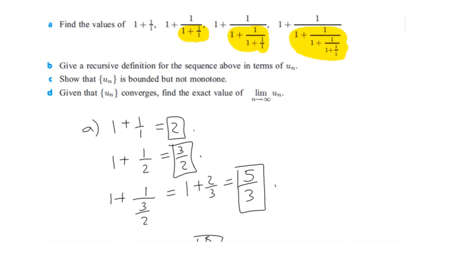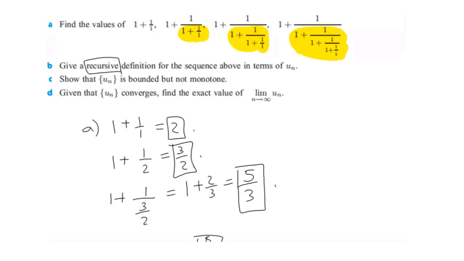Part A. Now the second bit, give a recursive definition of the sequence in terms of Un. Now recursive means a term-to-term rule. So it means you might give the first term, in this case the first term is 2, and then you describe how you go from one term to the next term.